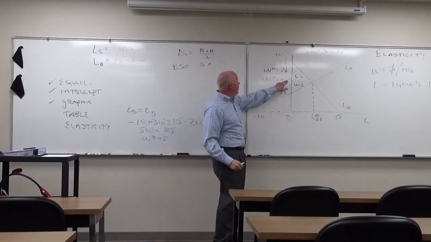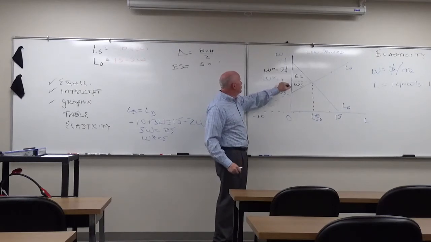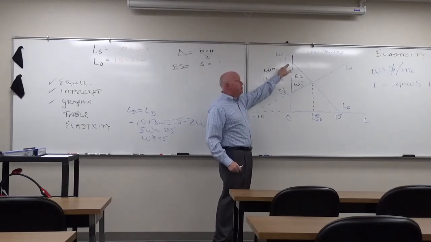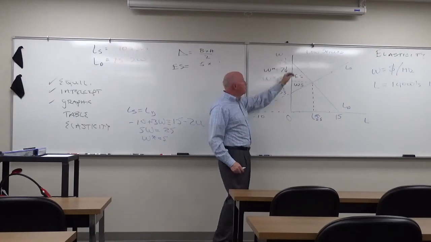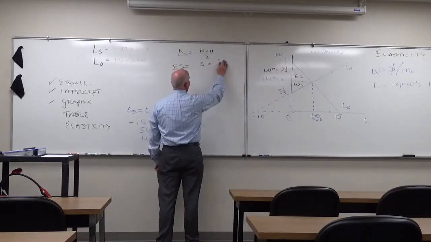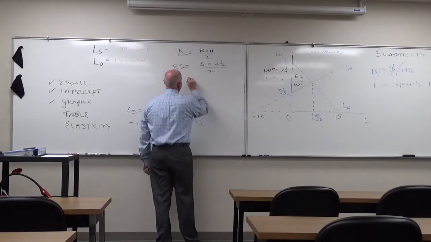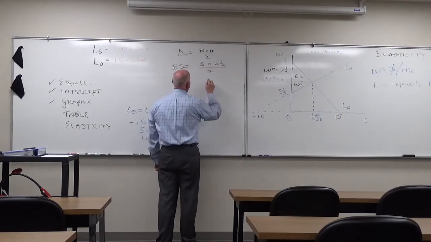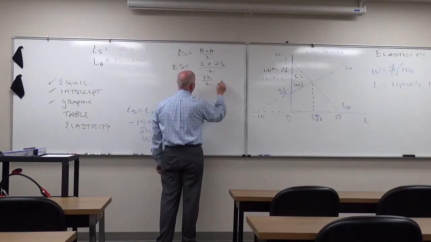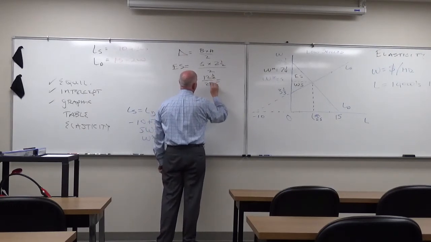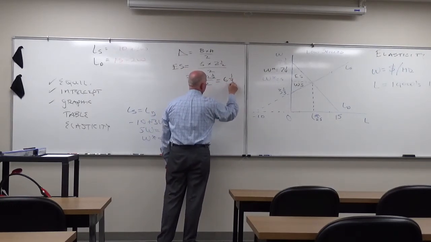Well, in this case, above W star all the way to labor supply, so 7.5 minus 5, so 2.5, divided by 2. I believe that's 12.5 divided by 2, or 6 1/4.